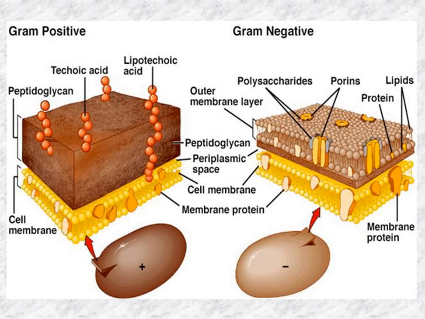Another difference is that a periplasmic space is present in gram-negative bacteria between the cell membrane and peptidoglycan. The periplasmic space contains certain enzymes like beta-lactamases, which are used to destroy certain drugs or antibiotics.